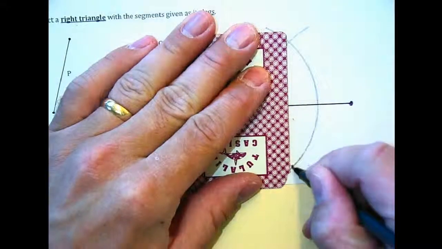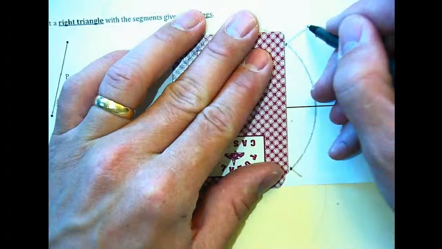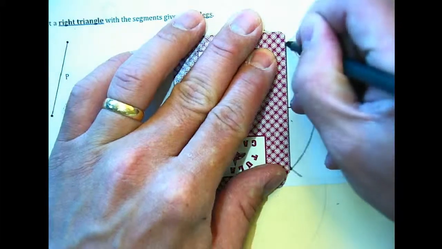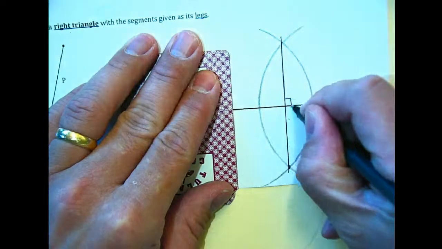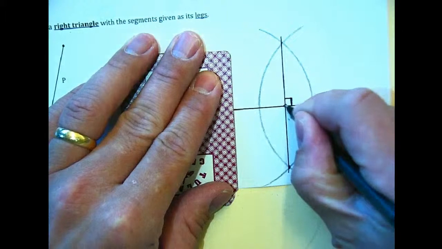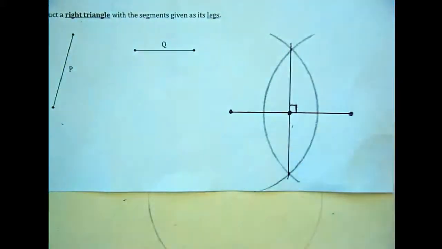Got my 2 points where they intersect, and I draw a line through those 2 points, and that now is my right angle. That is the corner of my triangle. That point right there in the midpoint is one of the corners of my triangle.